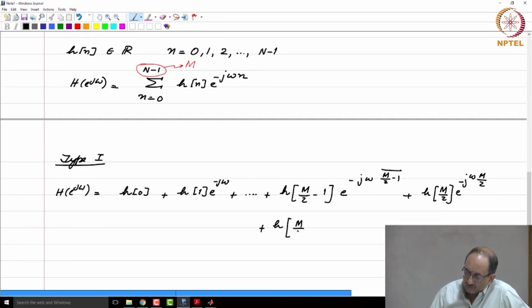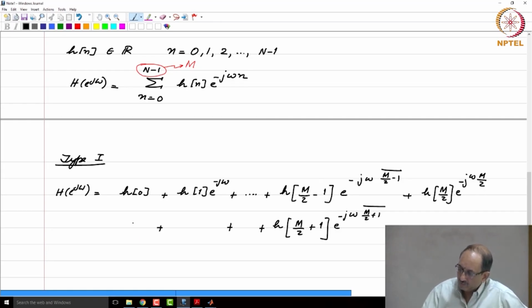The next index of course is h of M by 2 plus 1 e to the minus j omega (M by 2 plus 1) and so on. And finally, you are left with h of n minus 1. H of n minus 1 of course is h of M e to the minus j omega M, since n minus 1 is M.